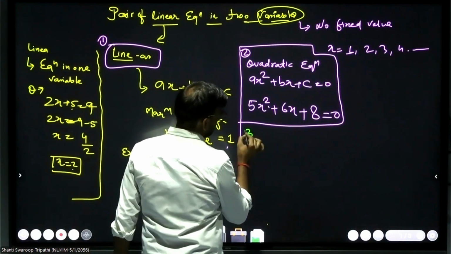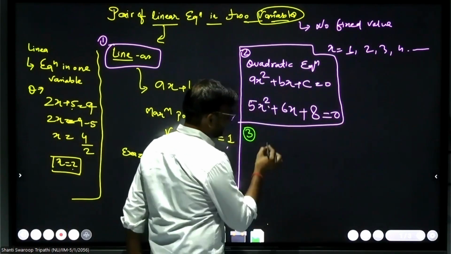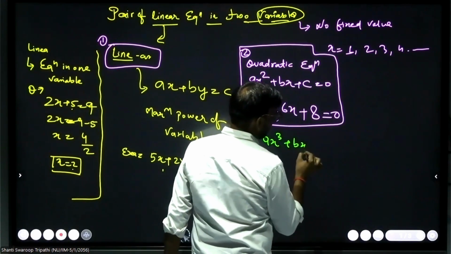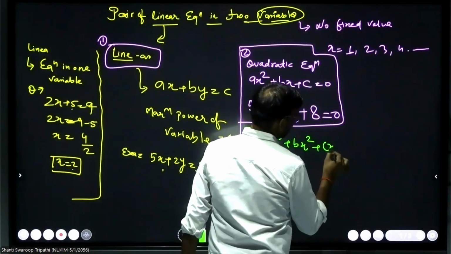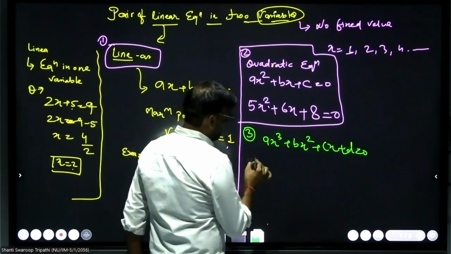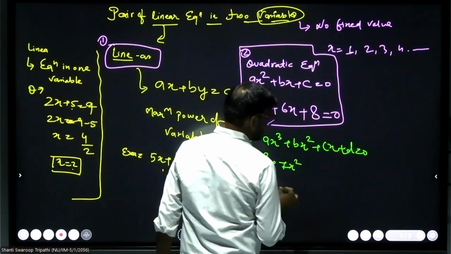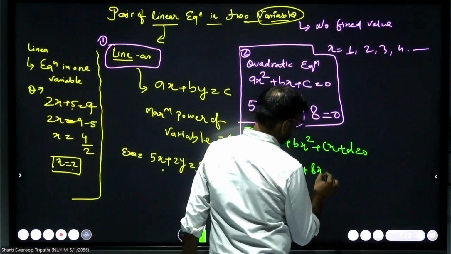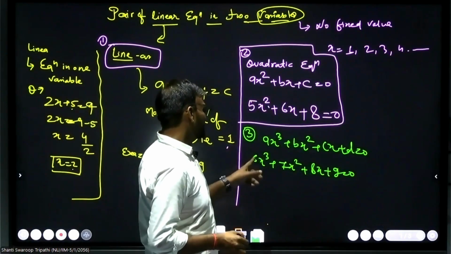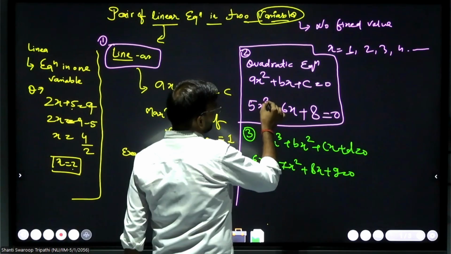If you have maximum power 3, like ax cube plus bx square plus cx plus d is equal to 0, I'm giving another practical example like 6x cube plus 7x square plus 8x plus 9 equal to 0, this is a cubic equation.